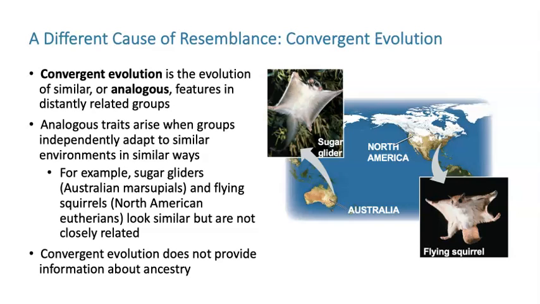to a similar problem. So if you're a flying squirrel and you're trying to get from one tree to the next, it might be really great to have a little extra flap of skin there, allowing you to get a little more air and uplift to hold you in the air a little bit longer. Same thing for sugar gliders in Australia. They have this little extra flap of skin that allows them to jump from tree to tree a little bit better.